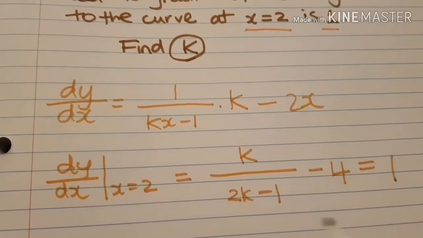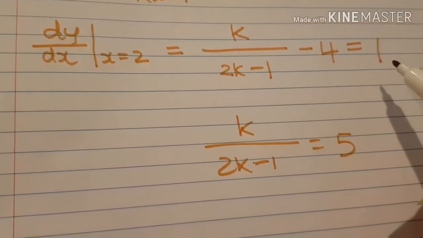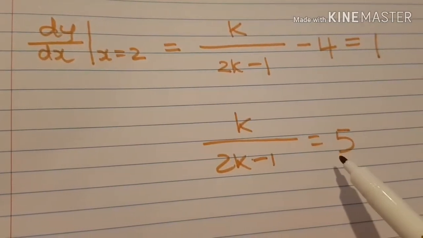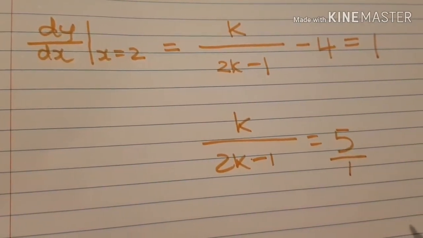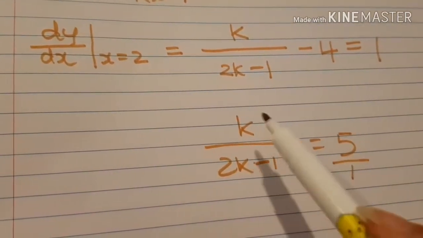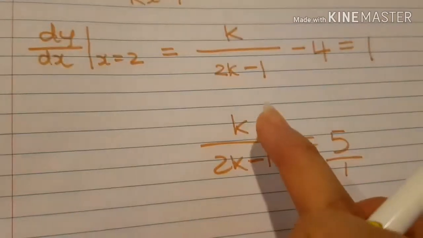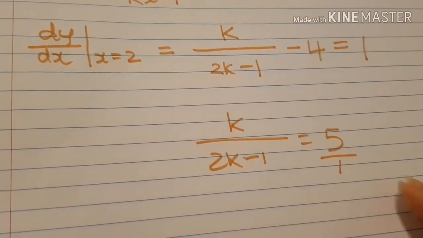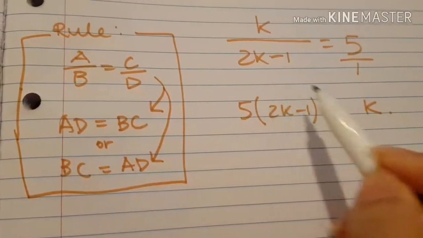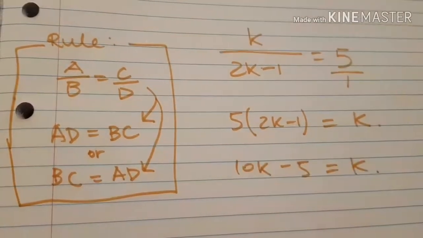I think we can do it. I'm sending 4 away, just rearranging. Fraction equals fraction. This is again equivalent to 5 over 1, right? So when it's fraction equals fraction, ka-ching, I can do cross multiplication. Those two multiplied on one side, the other two multiplied on the other side, like this. I'm going to expand it out. Let all the k's be on the left-hand side, numbers on the right-hand side.